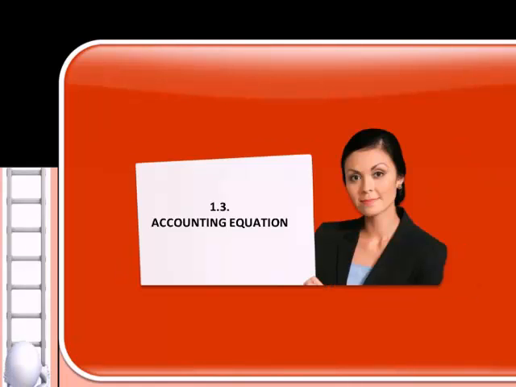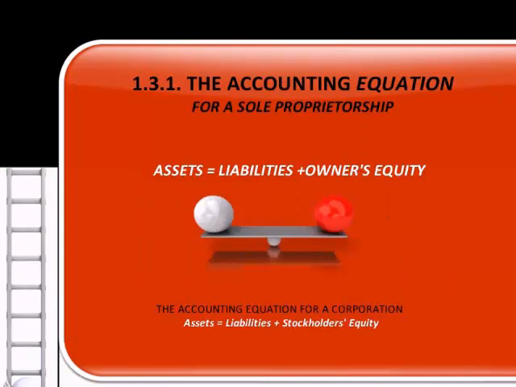Moving on to the next part, I'd like to explain the accounting equation. The accounting equation for a sole proprietorship. The accounting equation serves as the basic foundation for the accounting systems of all companies. From the smallest business, such as the local convenience store, to the largest business, such as Ford Motor Company, companies use the accounting equation.